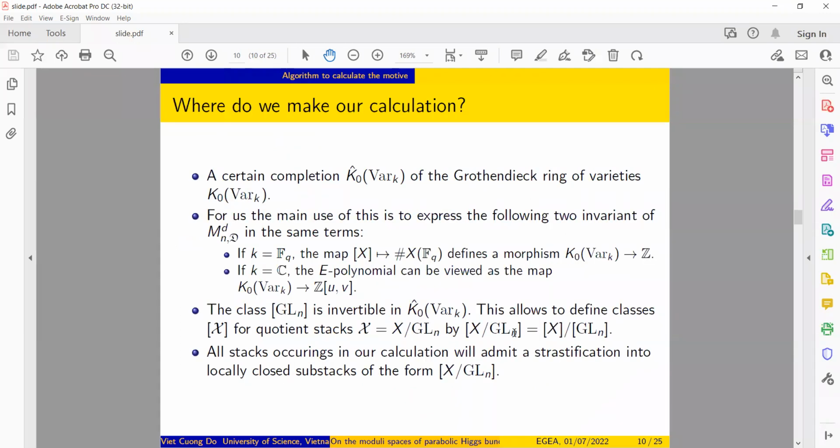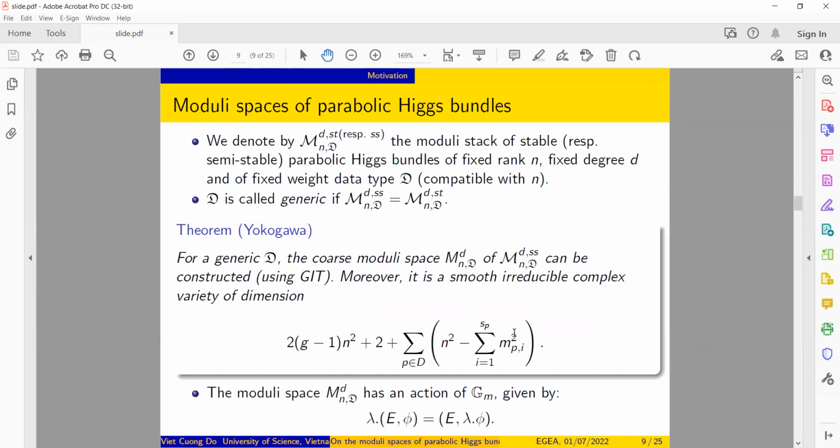Okay, so M_D^N and kappa D here is the main object I want to do some calculation on.